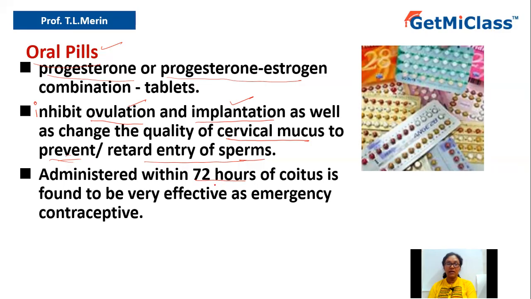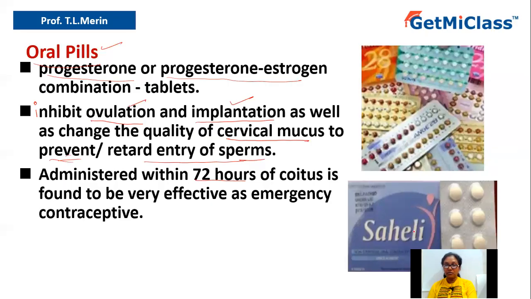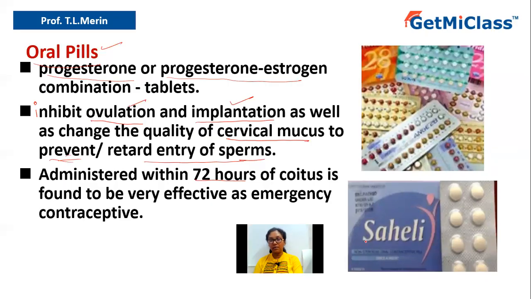So within 3 days, or within 72 hours, the pills have to be taken. This is one of the important oral pills, called Saheli, which was produced in India, in Lucknow.